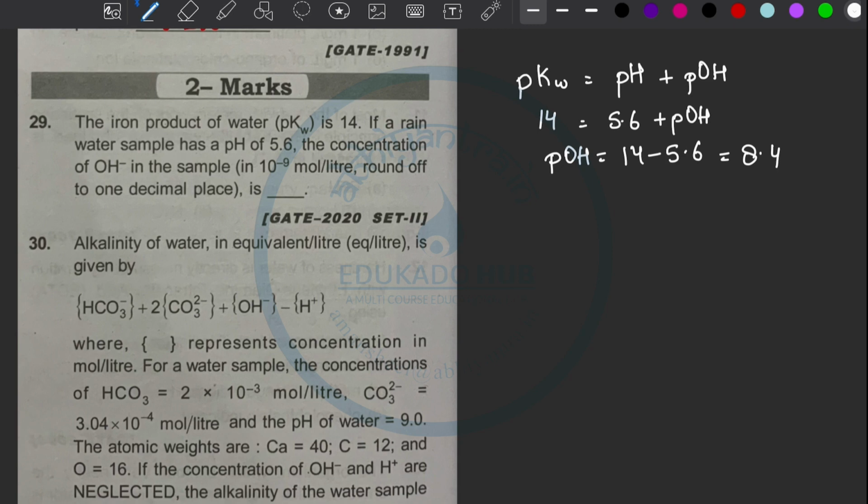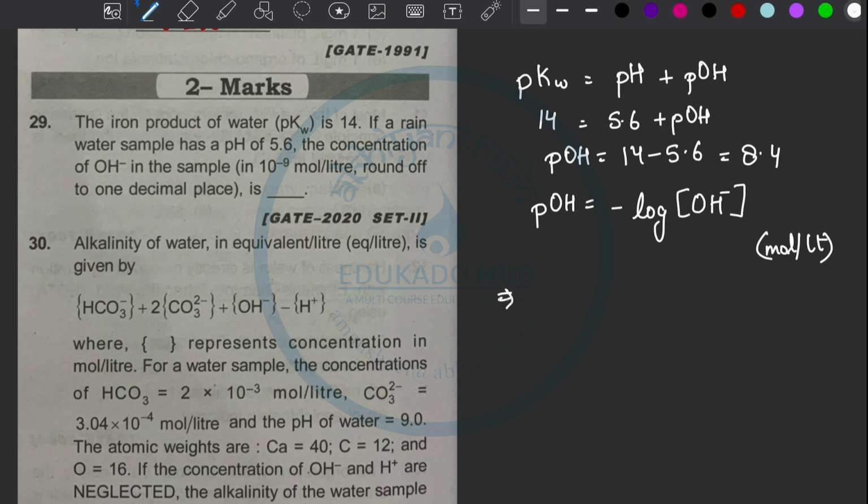So we got pOH as 8.4. And we know that pOH is nothing but minus log of the OH minus ion concentration, and this concentration will be in terms of mole per liter. This we need to know.